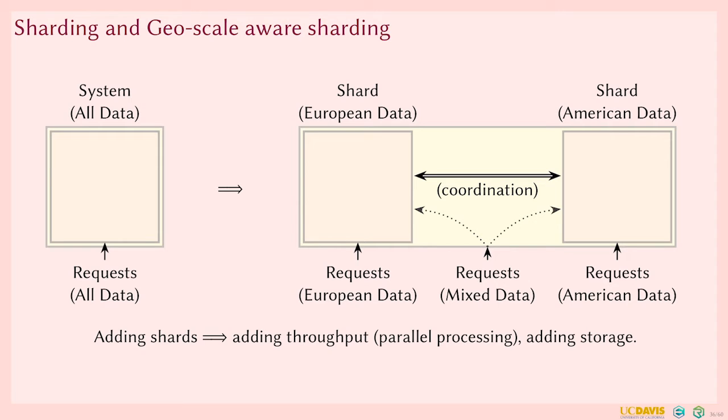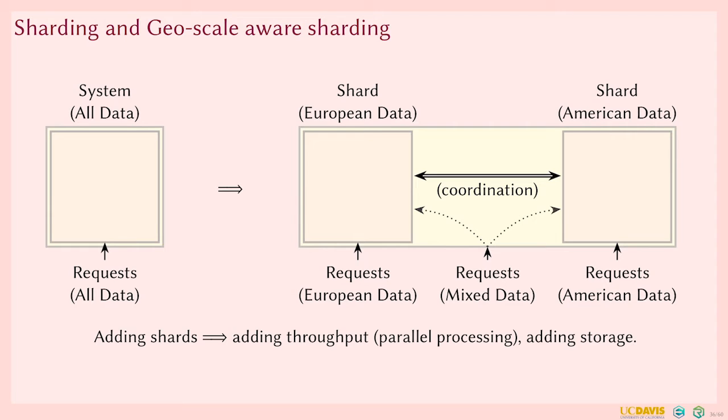For example, we can have a shard with European data, and this shard can process all transactions that only affect European data. At the same time, we can also have an American shard. Of course, life is not that easy, because there are also transactions that deal with both European and American data, and most sharded systems provide some coordination between the shards to be able to process such transactions.